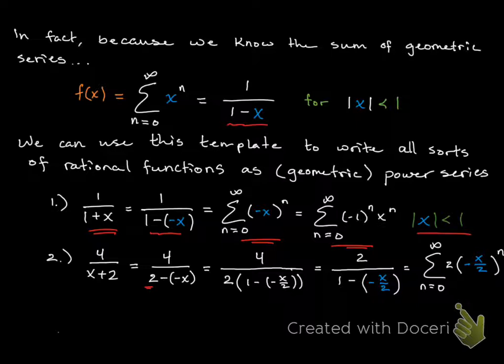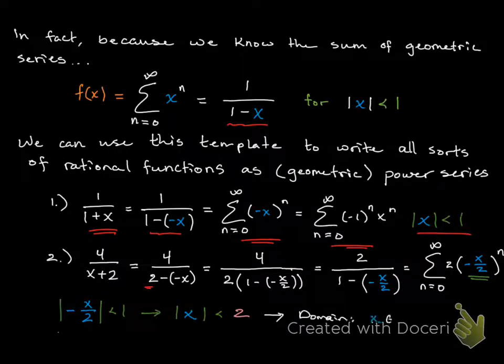Again, this is only true on the interval of convergence, right? So I take this minus x over 2, and that has to be less than 1 in absolute value, okay? What does that mean for x, just x by itself? Well, I can move out this minus 1/2, apply my absolute value, and I'm left with absolute value of x is less than 2.